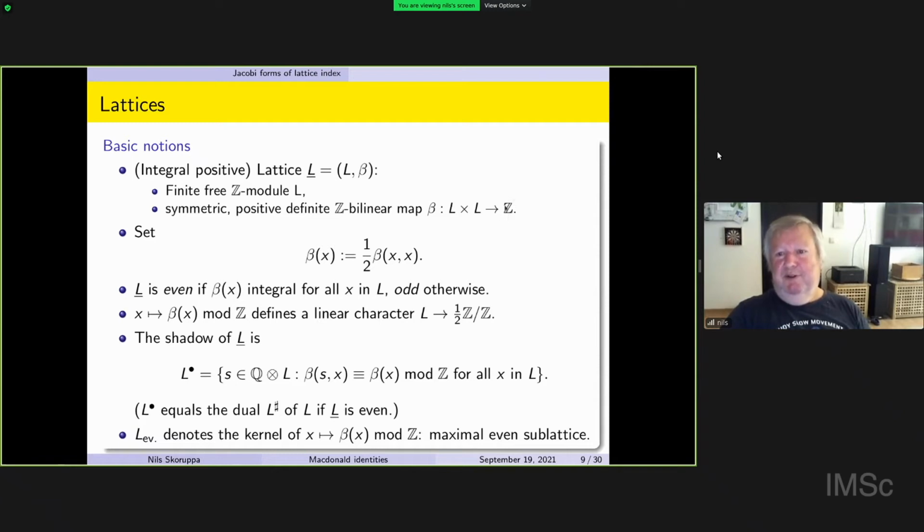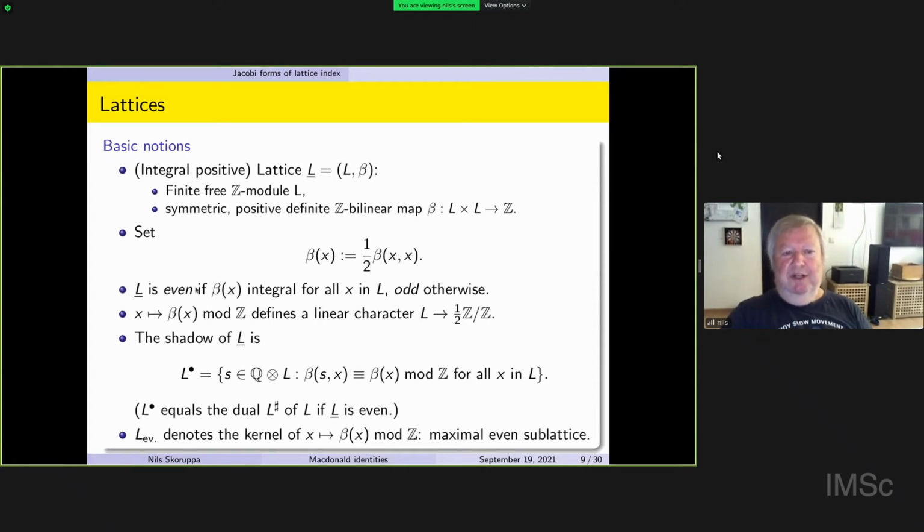So the values of beta are always in Z. Usually I set beta(x) equal to 1/2 of beta(x,x). It's just a convenient notation, and I use it very often, so I put it here very explicitly.